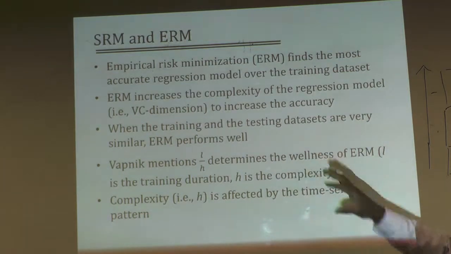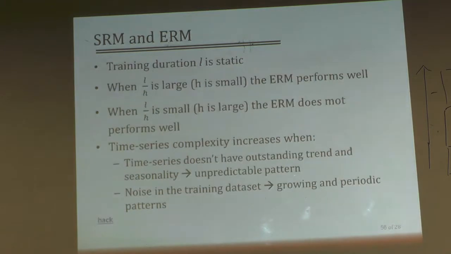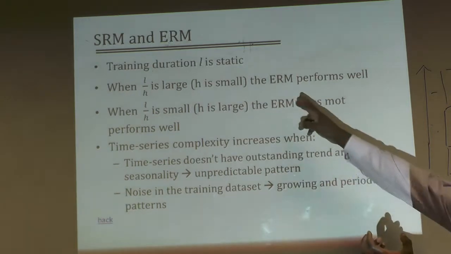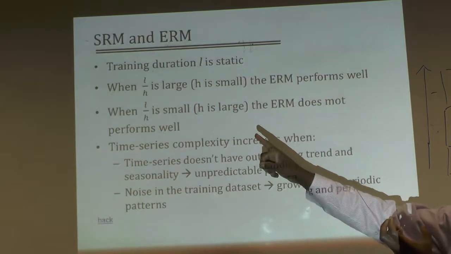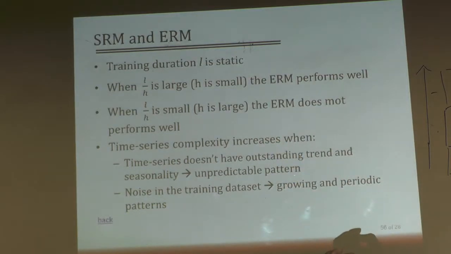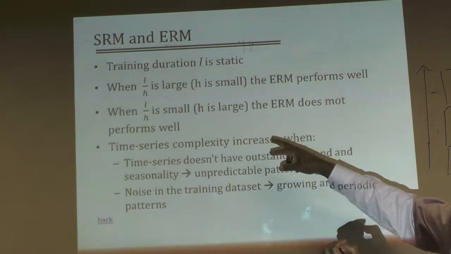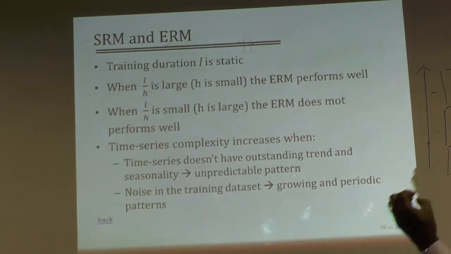And the reason is explained in the mathematics here. What happens is that when you look at the quantity L over H, when that quantity is large, which means H is small, ERM performs well. When that quantity is small, which means H is large, ERM does not perform well.